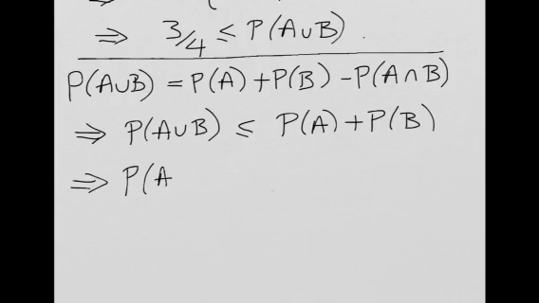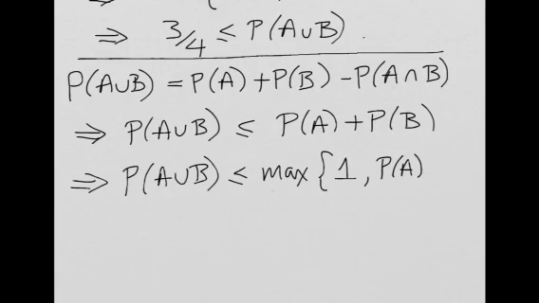So we get the general form that the probability of A union B can't be greater than the minimum of 1 and the sum of the individual probabilities. In this case, the probability of A is a half, the probability of B is 3/4, so add them together and you get 1 1/4.